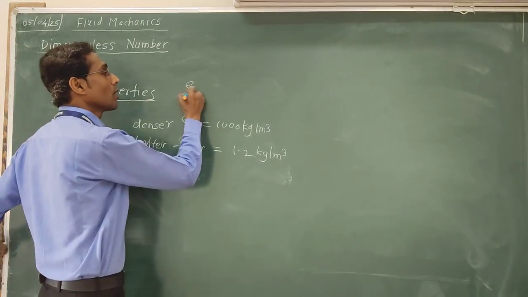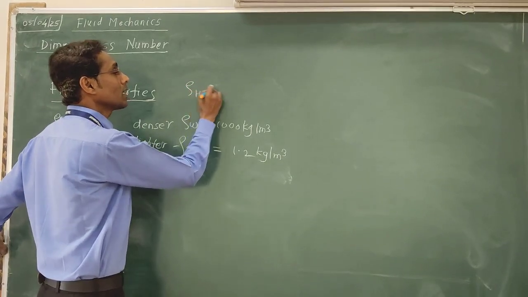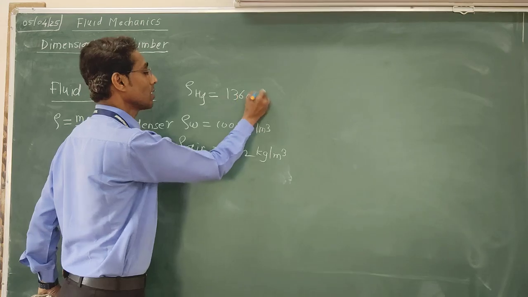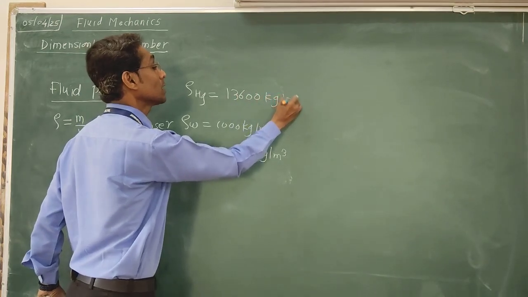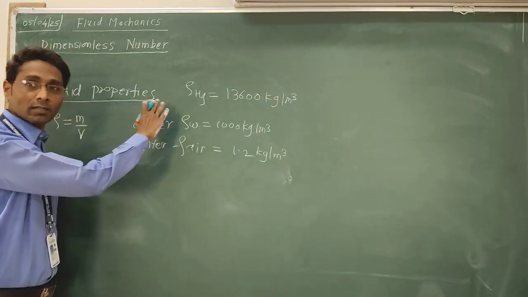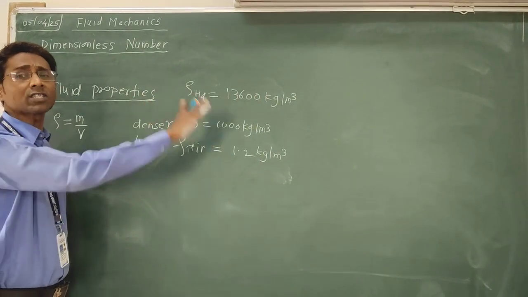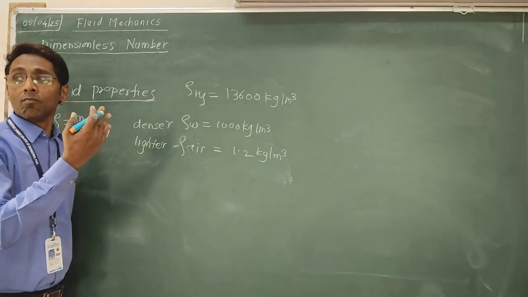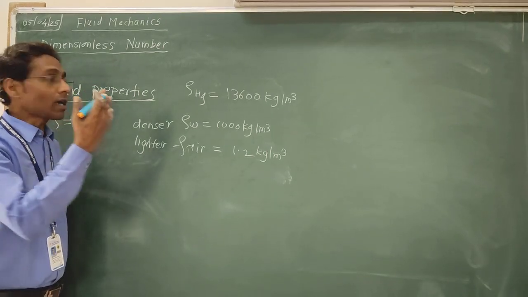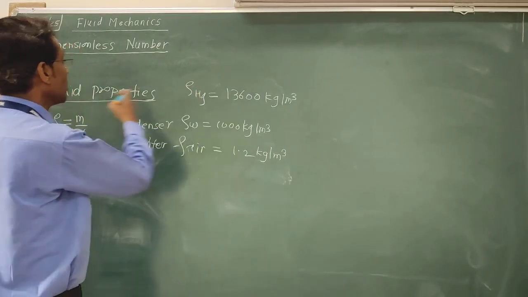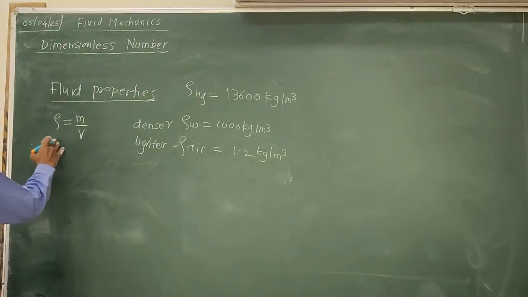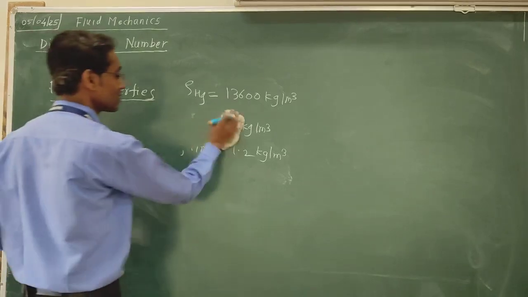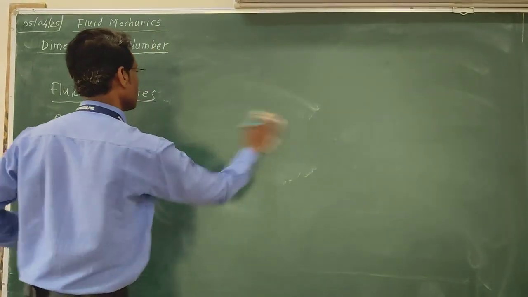Mercury has the highest density, 13,600 kg per meter cube. Means mercury is the heaviest fluid, having the highest value of density. This is a property which gives information about its mass.